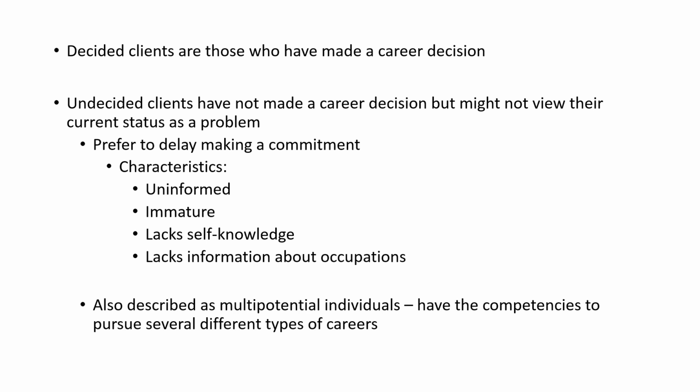Sometimes when you take an interest inventory, maybe you don't have one specific area like science or athletics or musical or whatever, but instead you are kind of everywhere. And that could be a good thing or a bad thing. It could be that you're undecided, or you really are able to do a lot of different things. So it really depends on how you see that person when you meet them and talk to them, which one it could be.